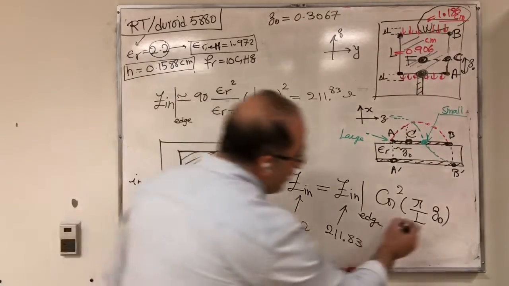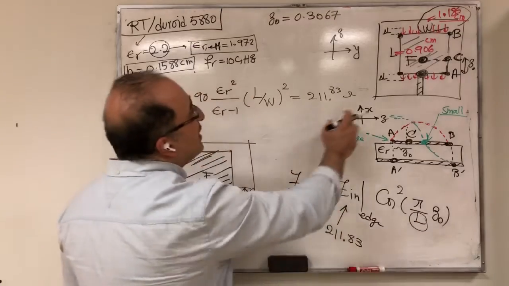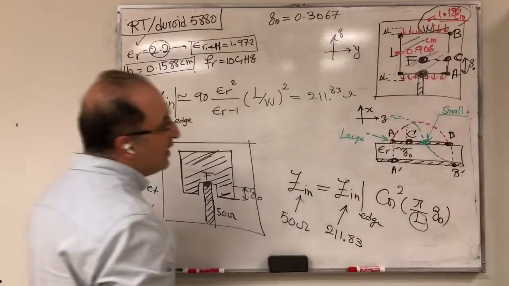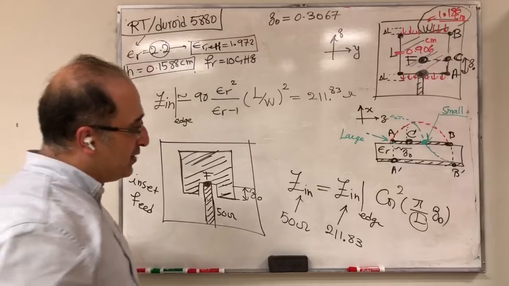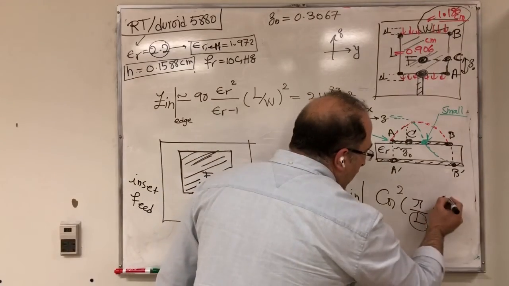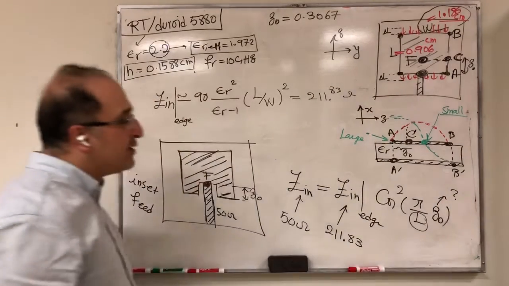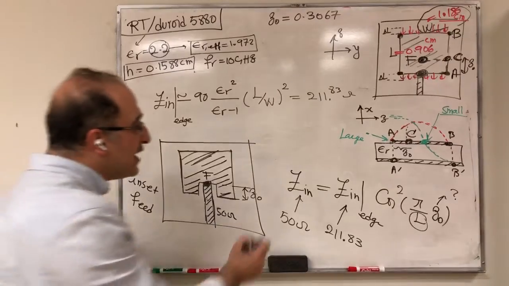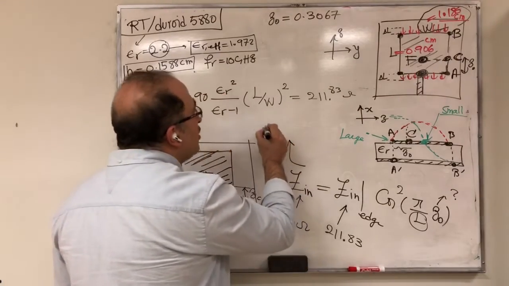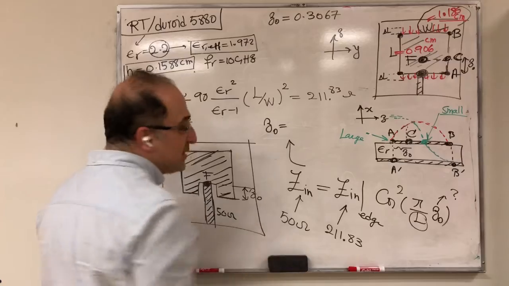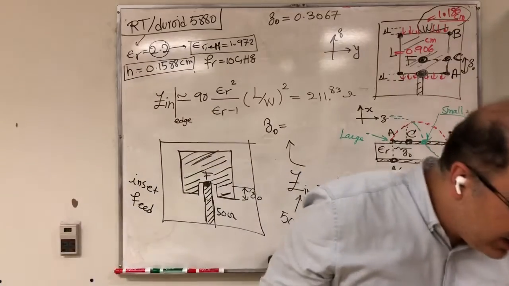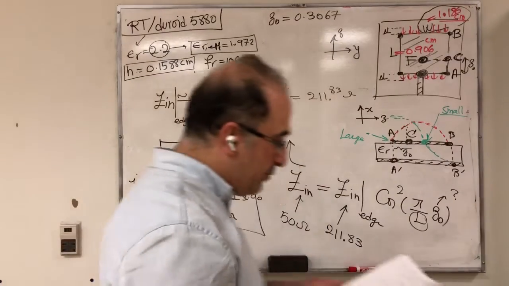So capital L, we have it here. That's the value of capital L, 0.906 centimeter. The unknown is this Z naught that you need to find. And in this case, if you find your Z naught, you end up with this value. Let me try to find my value.